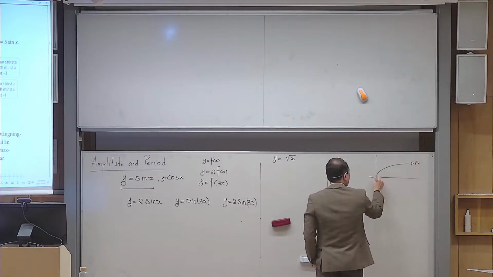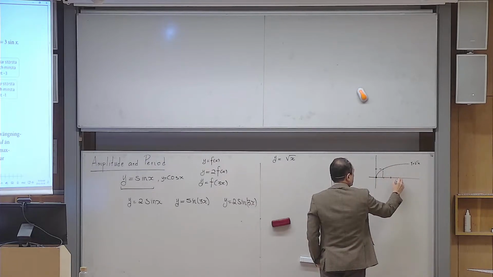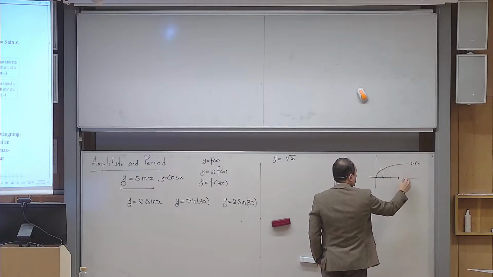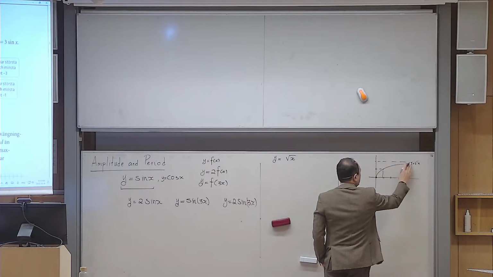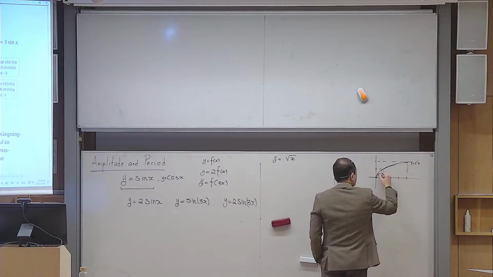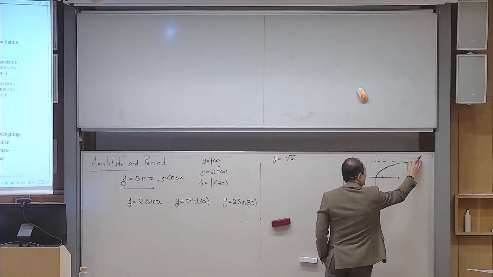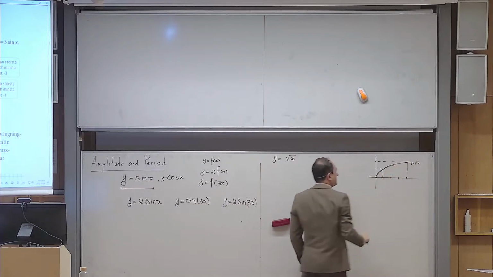Of course, at 0 it is 0, at 1 it is 1. I have to be a little bit more careful because at 4 it is 2, yes? 1, 2, 3, 4, something like this. Yeah, I have to be a little bit higher here.